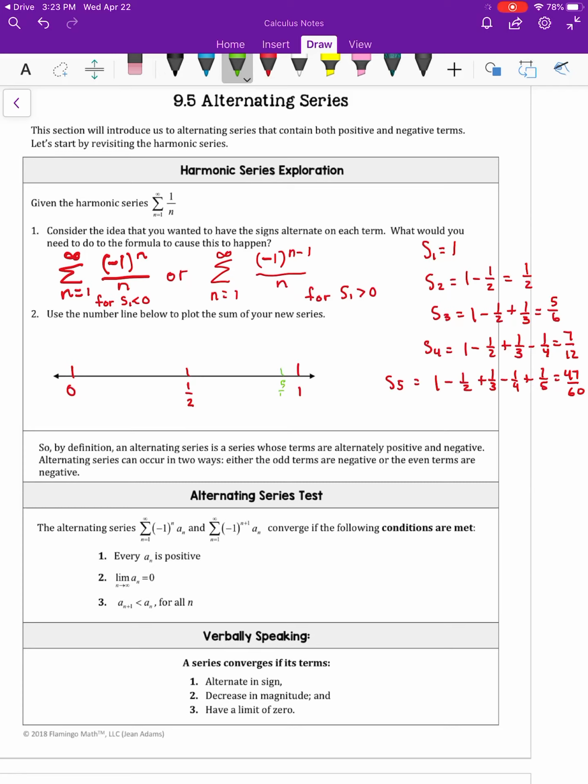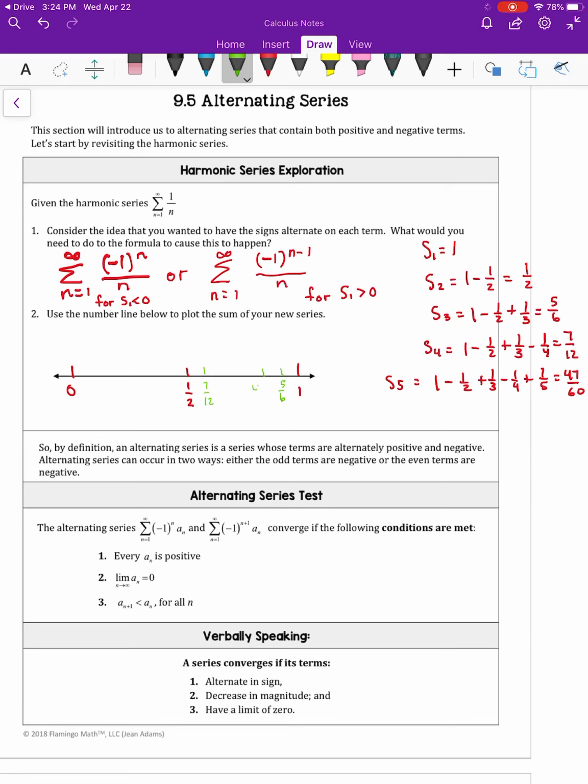So what they want you to do is next use the number line below to plot the sum of your new series. I'm going to make this from 0 to 1, and I know that halfway in between, I have 1/2. Now, think about where your 5/6 would be. That one is just going to be way up here, 1/6 away from 1. Where would your 7/12 be?